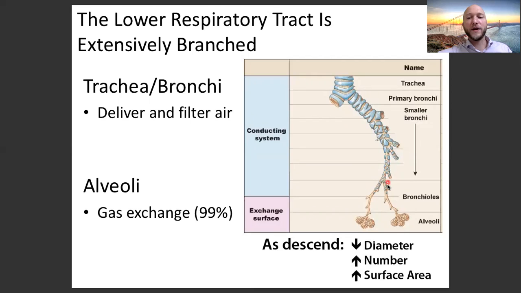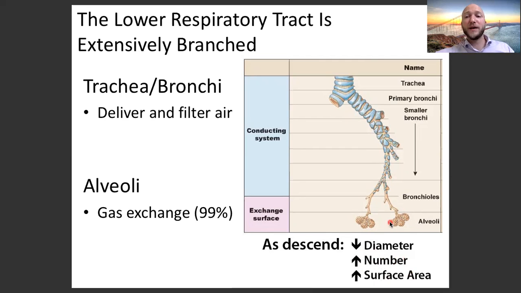So why do we have this anatomy? Remember, form and function go hand in hand. Well, as you descend the lower respiratory tract, as you get further away from the trachea, you increase the number of tubes and you increase surface area. So by the time you get to the alveoli, there is a huge amount of surface area.